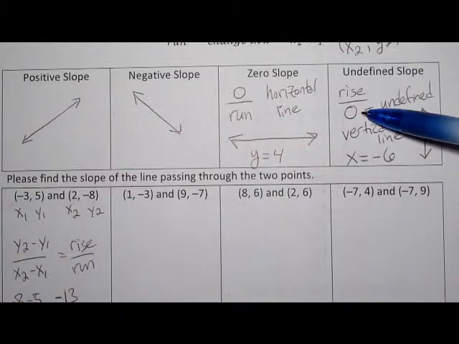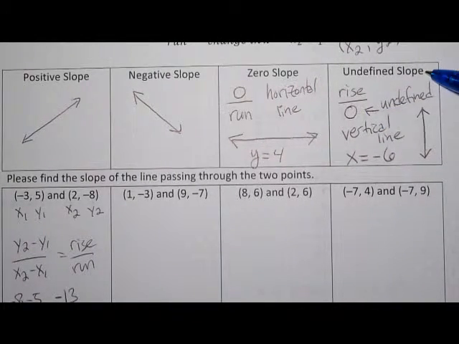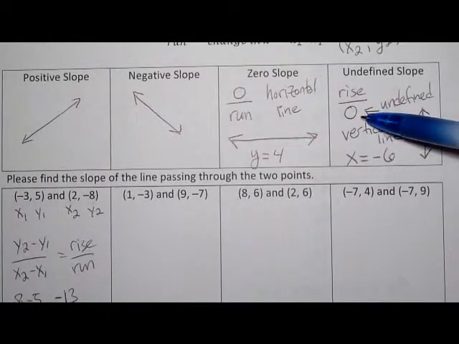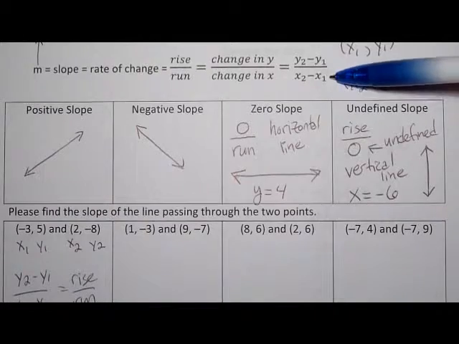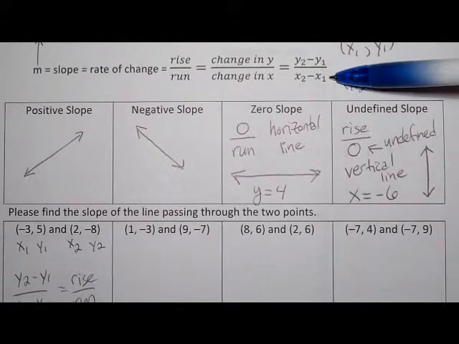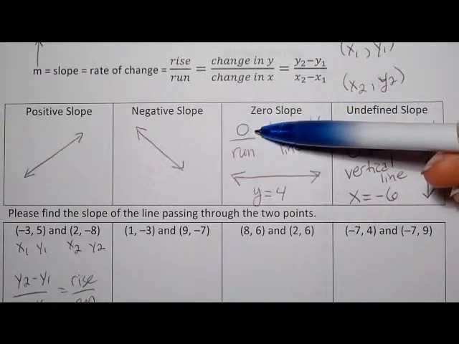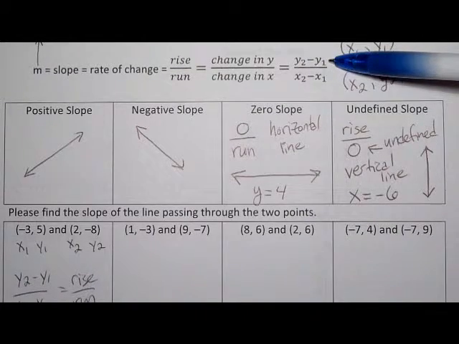If I have a 0 in my denominator, then it's called undefined slope. I get a 0 in the denominator if the x values are the same. I get a 0 in my numerator if the y values are the same.